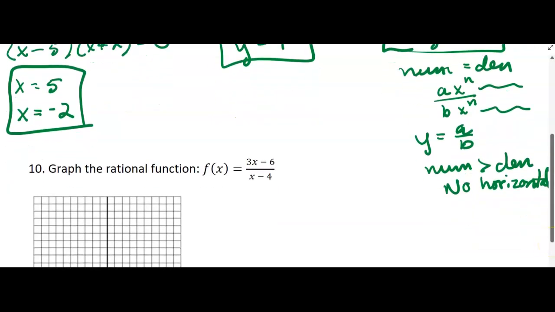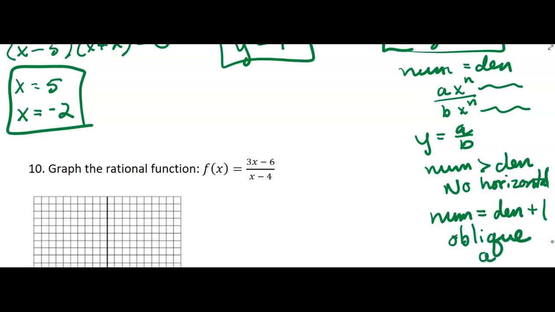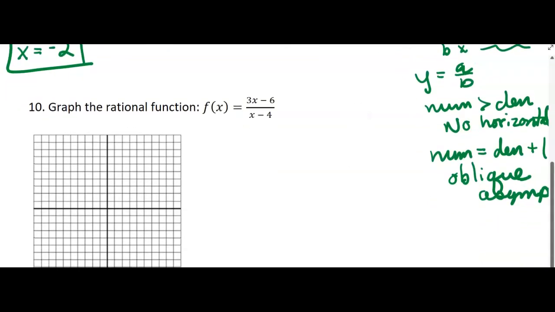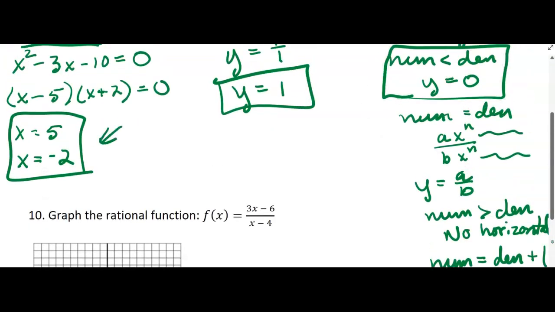But if the numerator is equal to the denominator plus 1, so if the numerator is just 1 more, then you get an oblique asymptote. We did that in class, but unfortunately it didn't make the cut for the test. But anyway, I just wanted to go over those things for you. You didn't have to put any of that on your test. All you had to do was put the answers for the vertical and the horizontal, those 2 boxes.